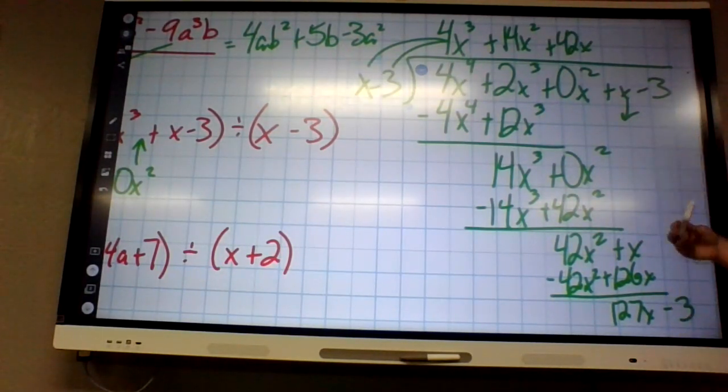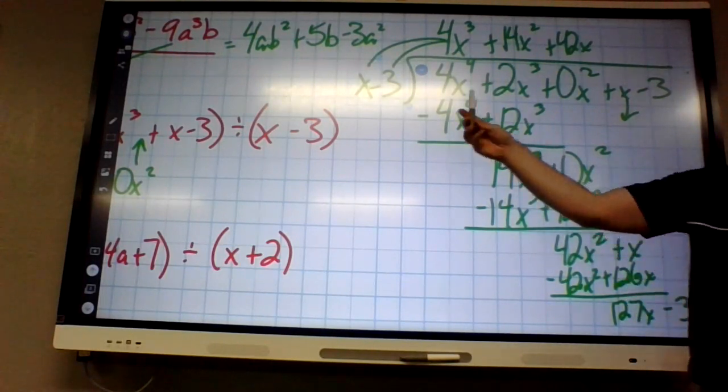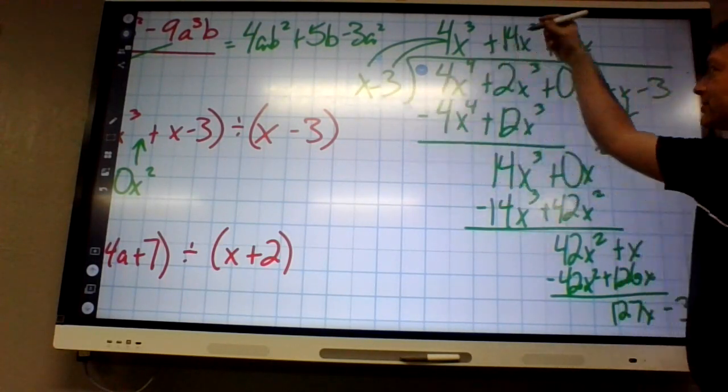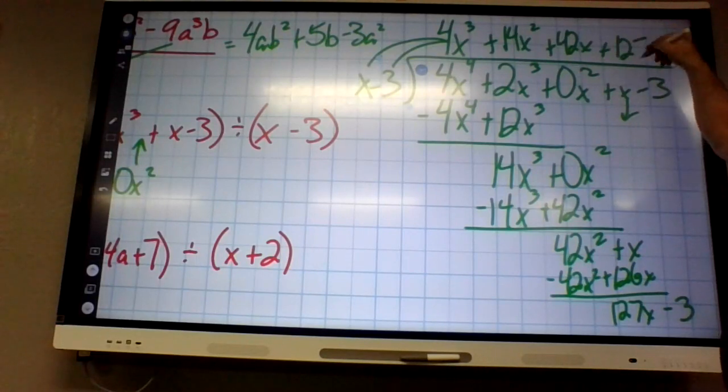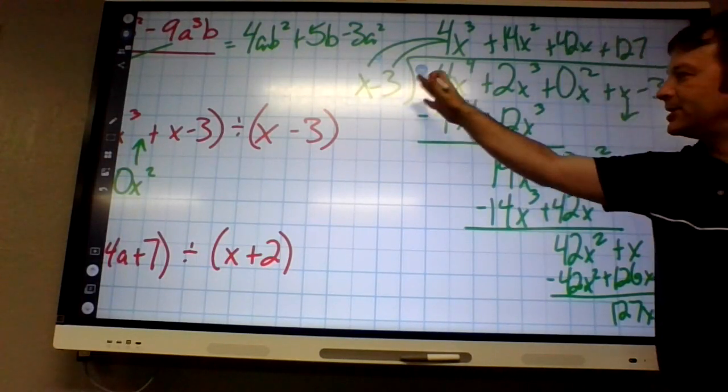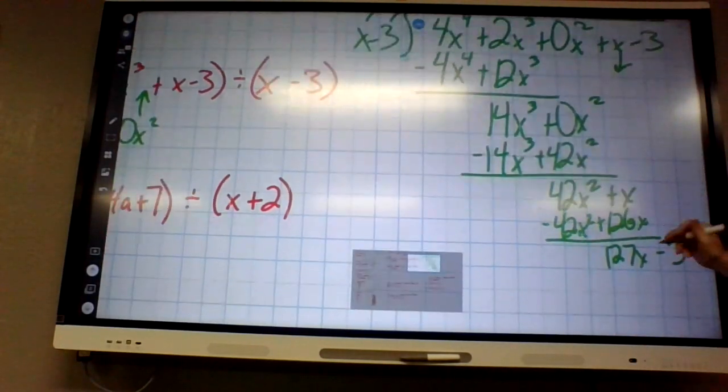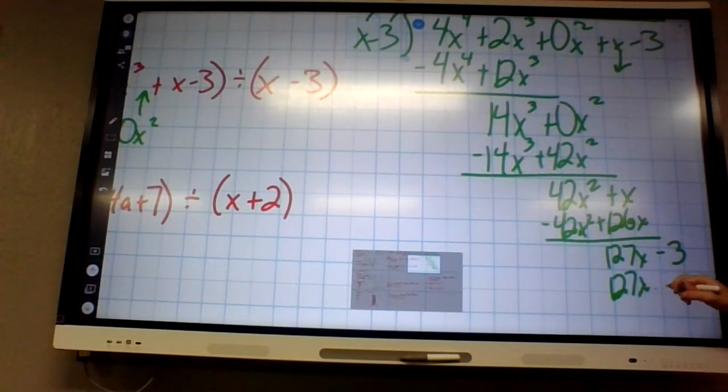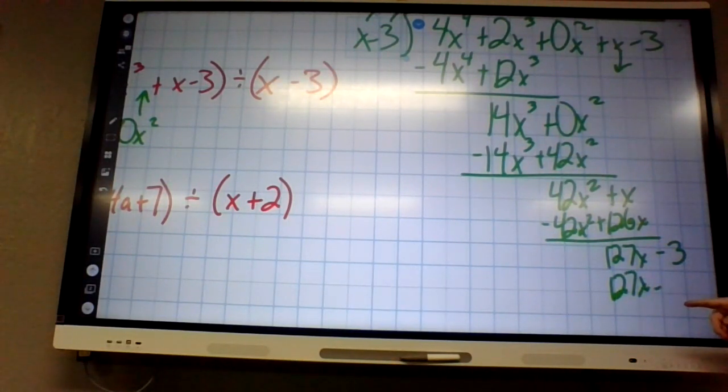That was the last thing to bring down. We're almost done. 127x divided by x is 127. 127 times that is 127x minus 381. But then we're subtracting, so that becomes a plus 381. So the remainder is 378.